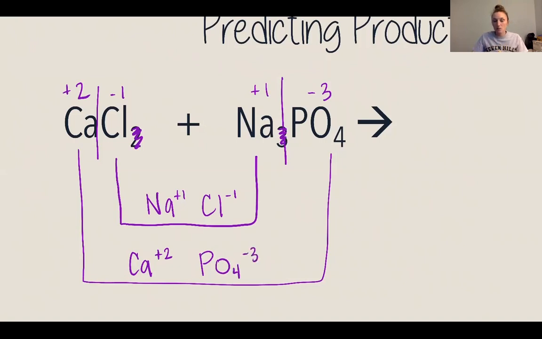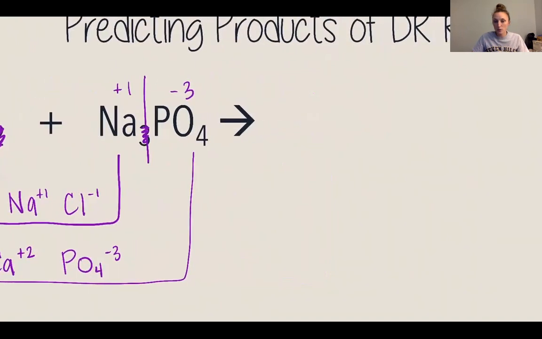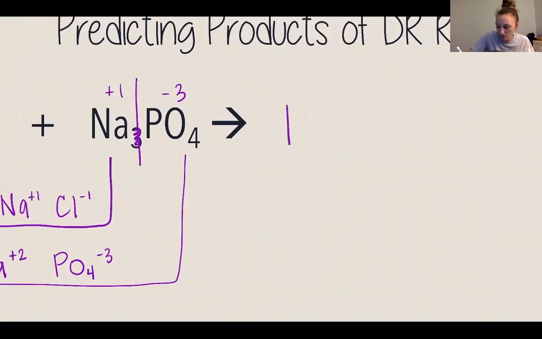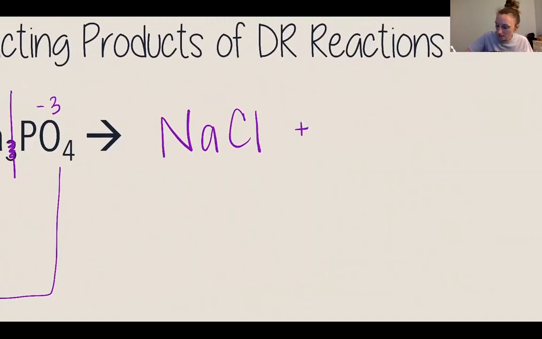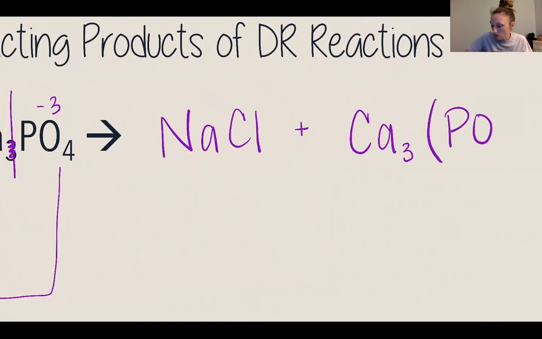So let's go ahead and write what these products are going to be. Well, the first one is just going to be NaCl. And the second one is going to be formed from calcium +2 and phosphate -3. It's going to be Ca3(PO4)2.